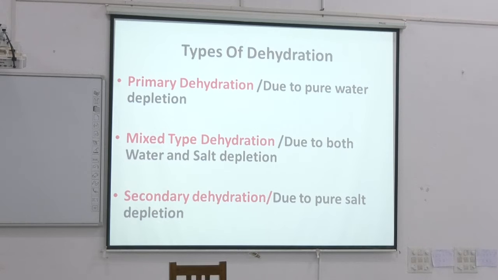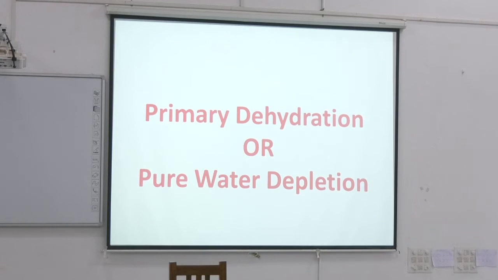In secondary dehydration, there is a loss of water plus electrolyte, for example severe vomiting. Mixed type dehydration is depletion of both water and salt.